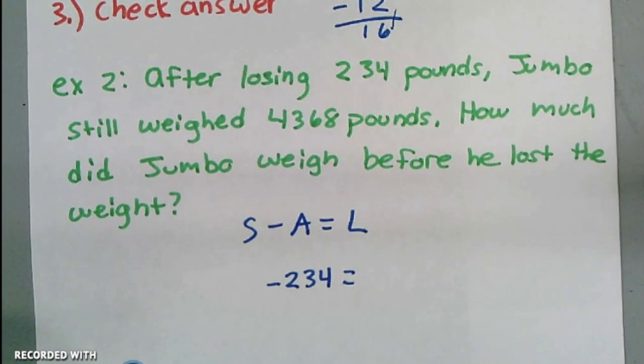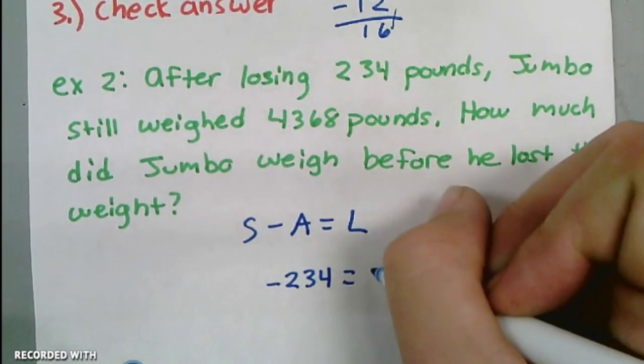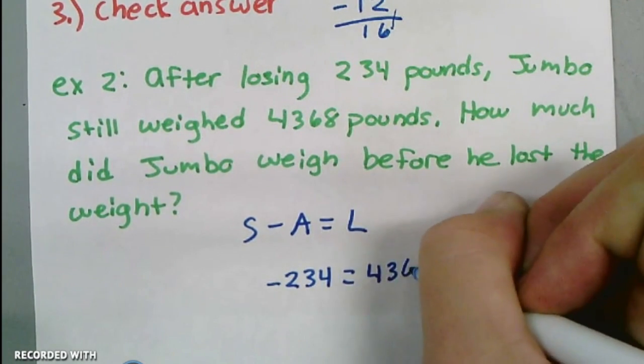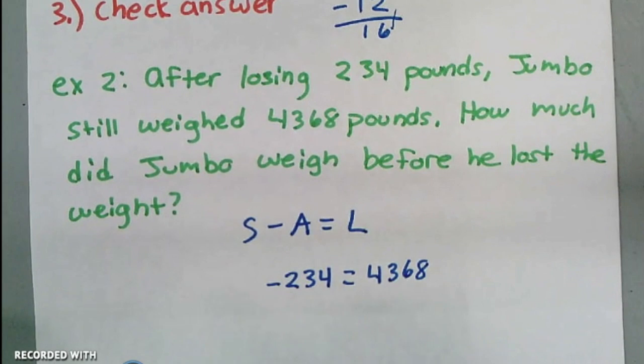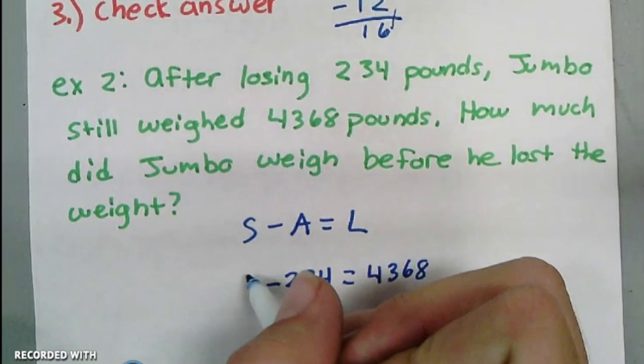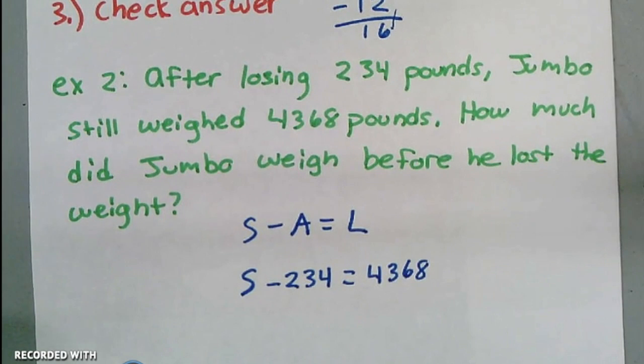And it says that Jumbo still weighed that after, so that's what was left. How much did Jumbo weigh before he lost the weight? The unknown is the sum. That's what we want to find out.